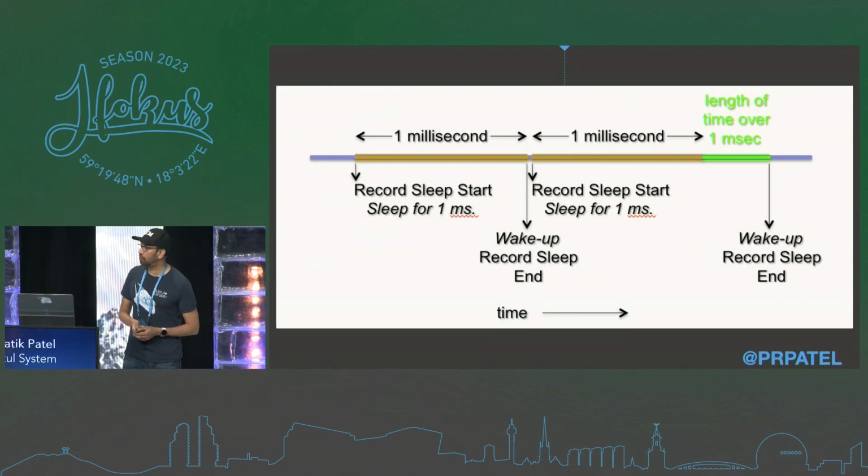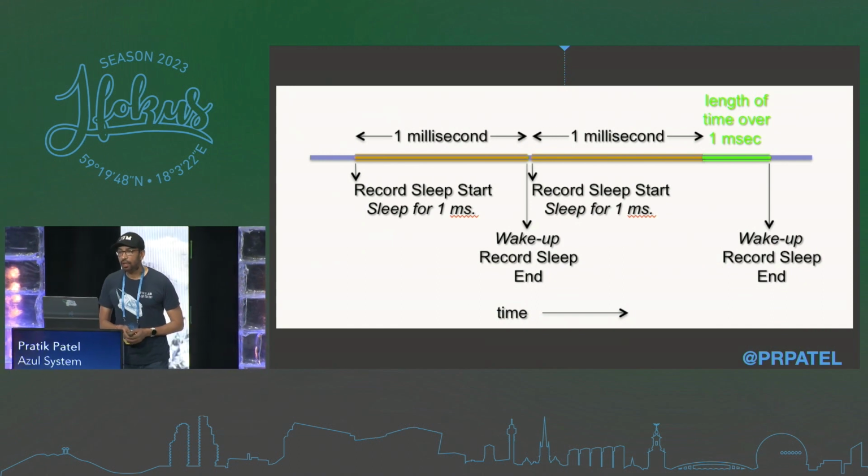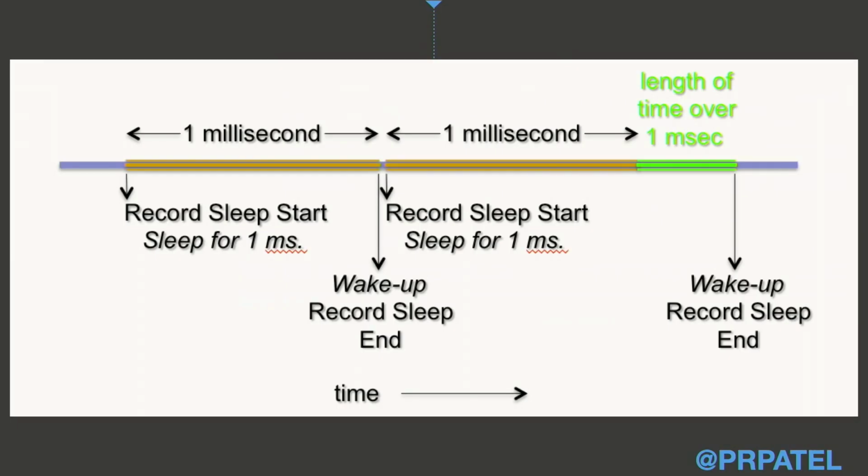Now, if we look at this from a chart form, this is what it looks like. We record at what time we woke up and went to sleep, and that's basically it, right? So every millisecond, this is the time, this is the time, this is the time. And whenever there's a pause in the VM, for example, because of garbage collection, that pause time in that thread will be longer.